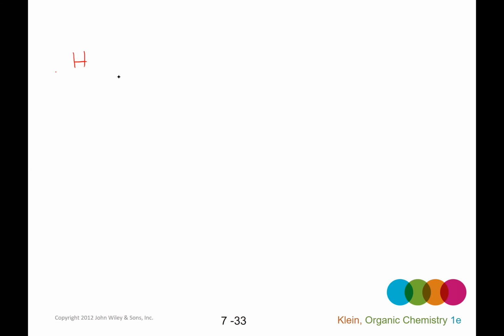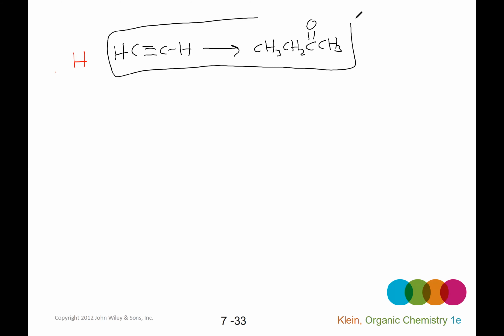So we are trying to go from an alkyne to that ketone, right? So we clearly have to build a chain from 2 to 4. We know how to do that now.